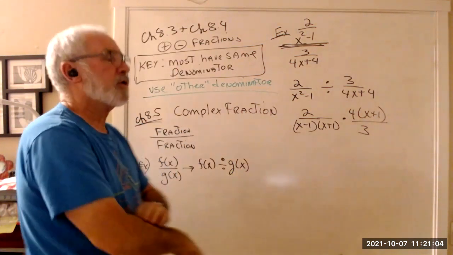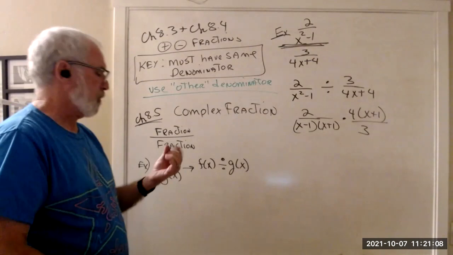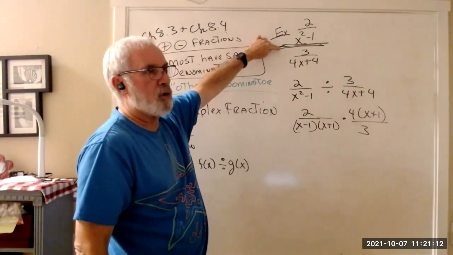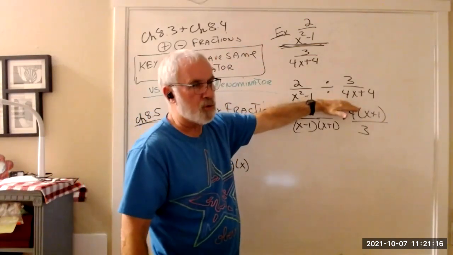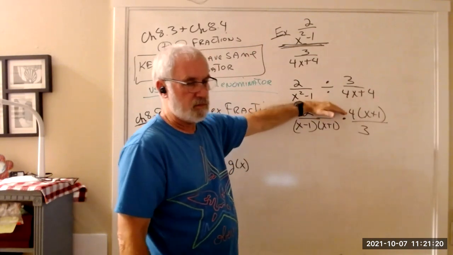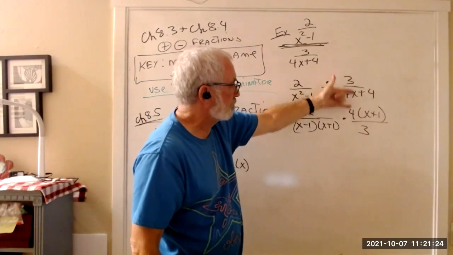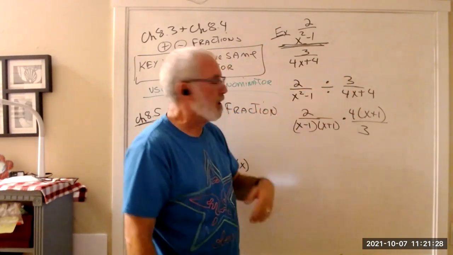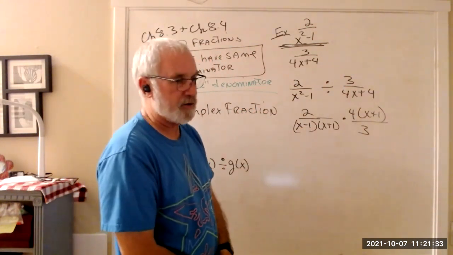Okay, so I started this problem with the recording turned off. First thing I did is I took the complex fraction and wrote it in a more normal way using the division symbol. Next thing I did was I flipped the second fraction and changed it from division to multiplication, but simultaneously I factored everybody that could be factored.